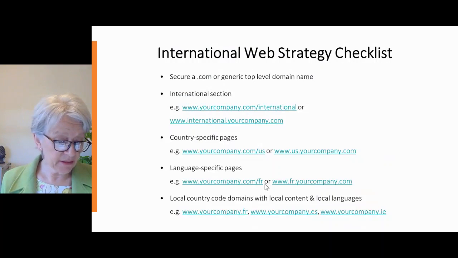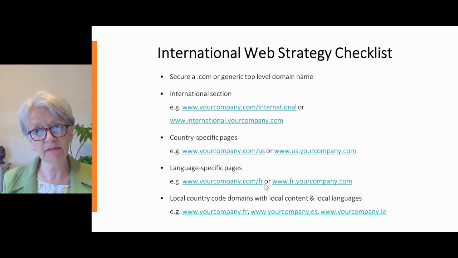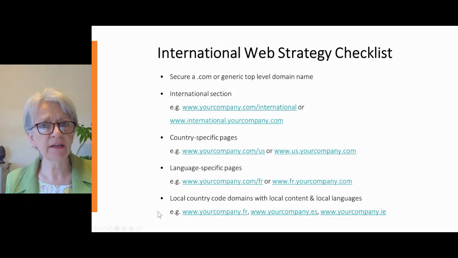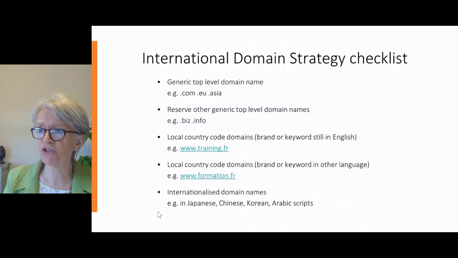You can in China, for example, and Russia, you can buy domain names in the actual local characters if you wish. But I don't think I have any clients that do that. They tend to stick to the English version.